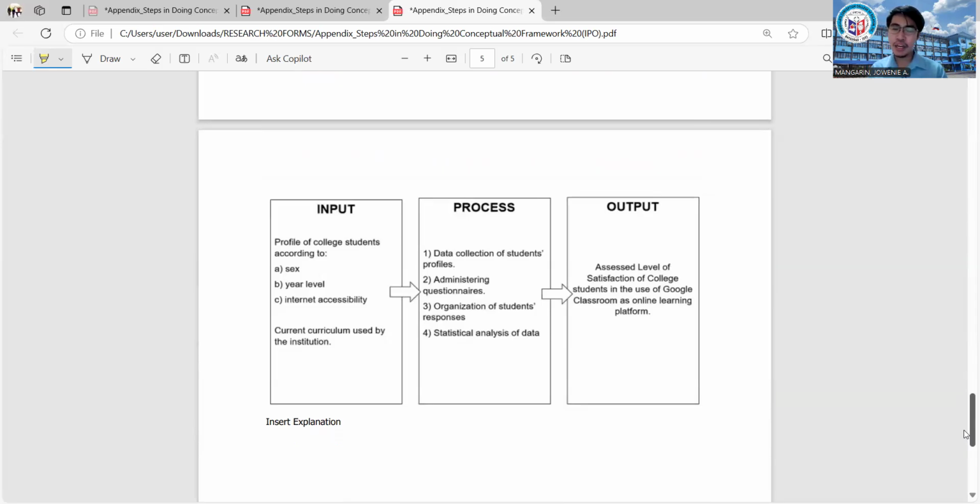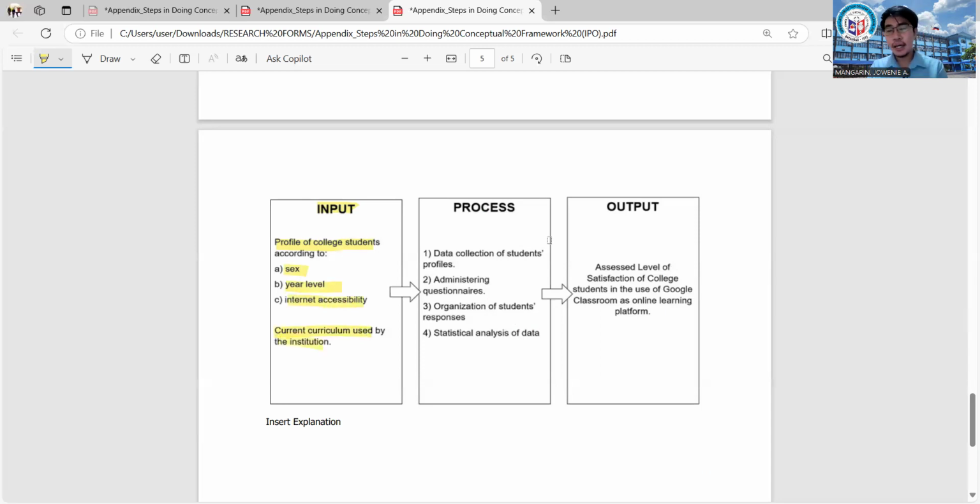Tingnan ninyo kung paano nila kinompose yung kanilang input, process, and output. So in the input part, kinuha nila yung demographic profile ng kanilang respondents in terms of sex, year level, and internet accessibility. Then after that, yung current curriculum na ginagamit ng institution. Okay?